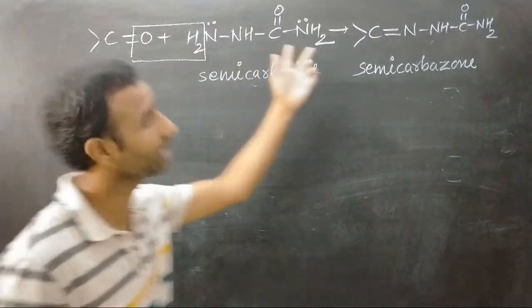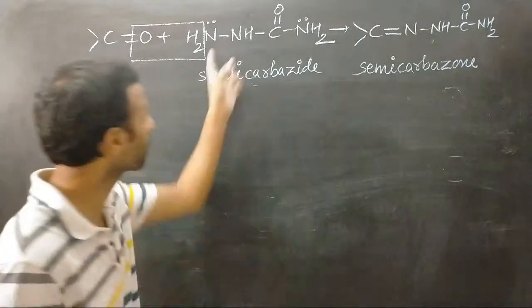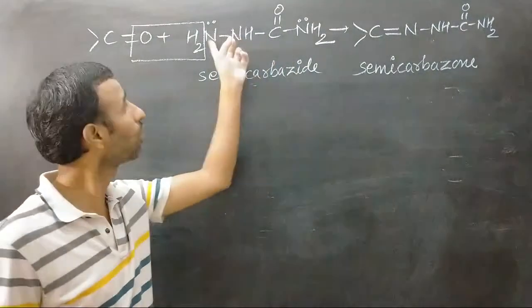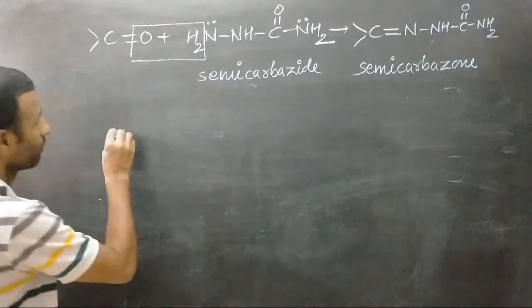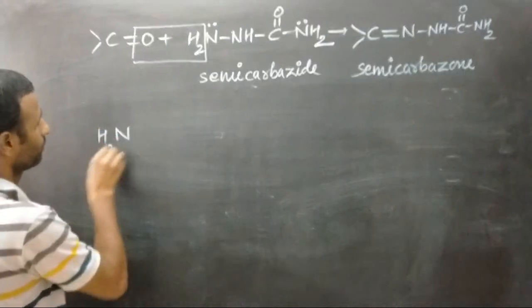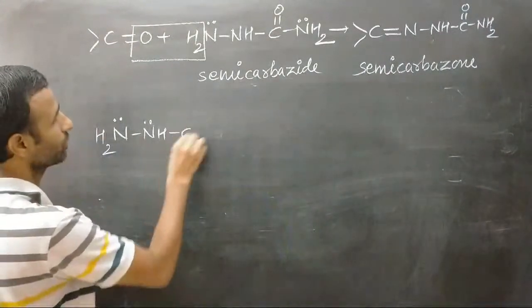Now, the question is, as it has two NH2 groups, why is the NH2 which is away from CO involved in the reaction? Can you guess? Anybody who can answer this question?